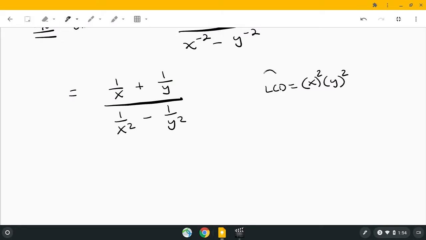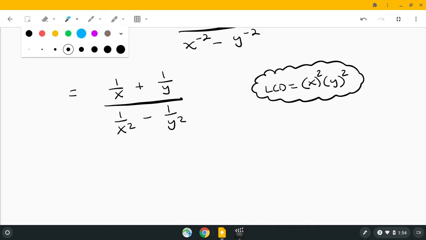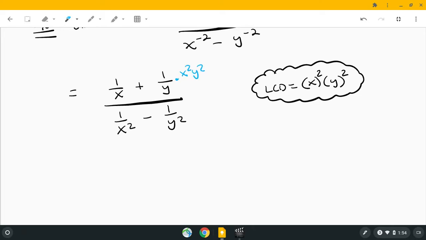Okay, so this is going to be my LCD, and that is what I am going to have to multiply everything by. So I'm going to multiply over here by x squared y squared, here by x squared y squared, over here, and over here. Okay, and when we do that, things should cancel.